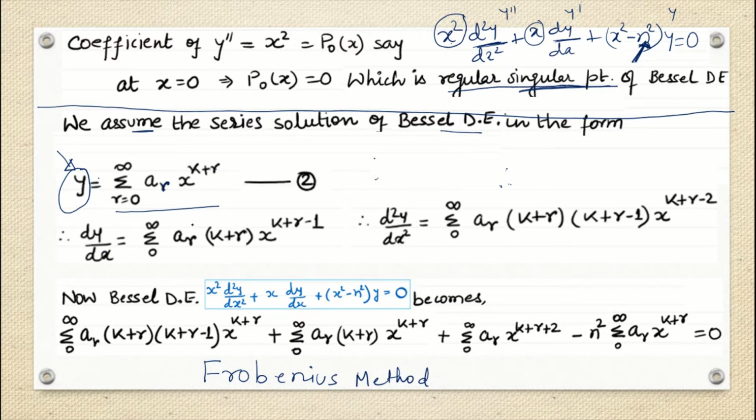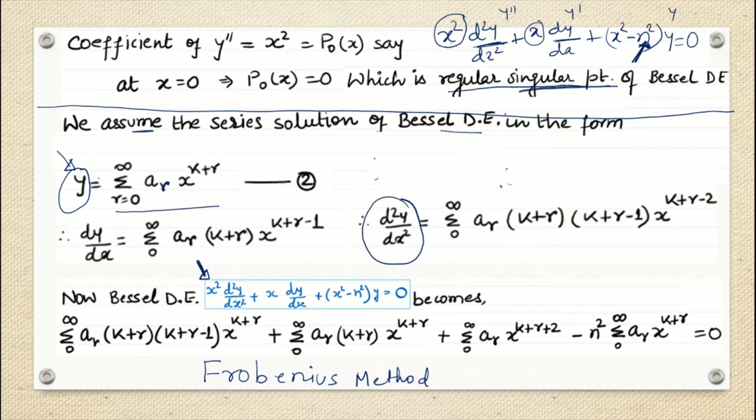The third step will be finding d2y by dx square. But why am I finding dy by dx and d2y by dx square? Because if you look at this Bessel differential equation, it needs the value of d2y by dx square, it needs the value of dy by dx, and y is also there, correct?